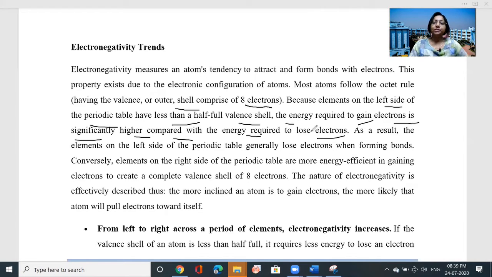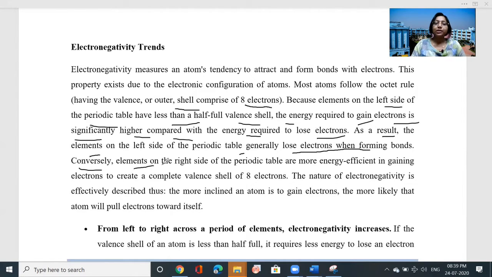So you understood that the energy required to gain electrons is significantly higher compared with the energy required to lose electrons. As a result, the elements on the left side of the periodic table generally lose electrons when forming bonds.